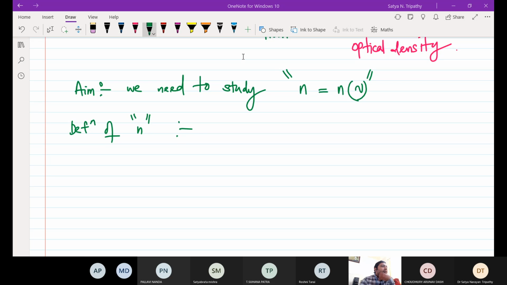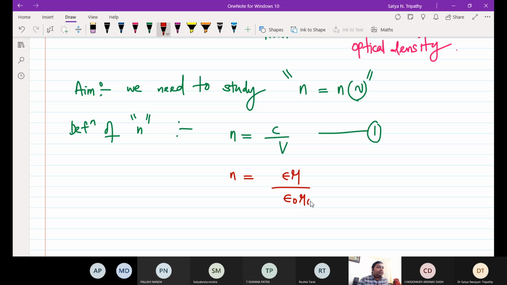The first formula is c by v. This is your n is equal to c by v. So this is your first formula. The next formula is n is equal to the square root of epsilon mu divided by epsilon 0 mu 0. This is for any medium. Next, we have the refractive index for a dielectric medium.